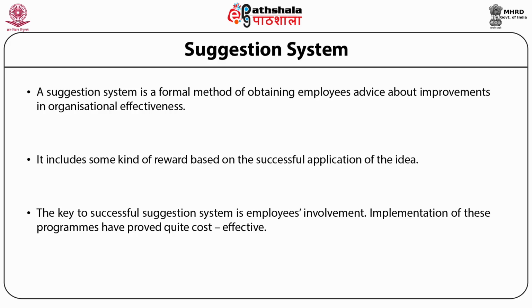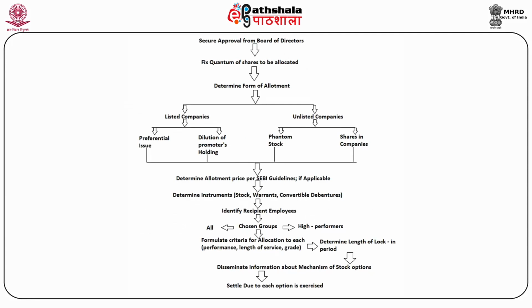Implementation of these programs has proved quite cost effective. Suggestion systems can improve employee relations, foster high quality products, reduce cost, and increase revenue. In Japan, suggestion systems are one of the main practical forms of worker participation schemes.